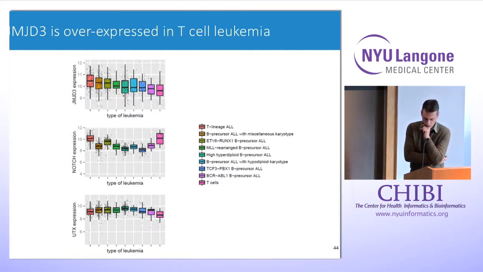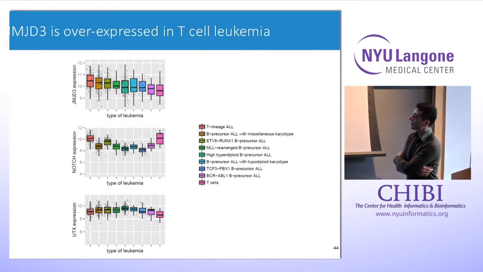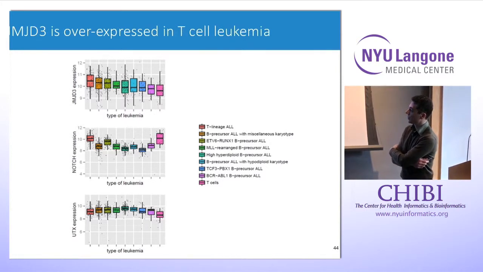And to establish that, we first looked at patient data. There was this nice data set, about 600 patients, just published, microarray data. What you can see here in different colors is different types of leukemia, T-cell leukemia, B-cell leukemia with different rearrangements. And what you see is that JMJD3 in the type of leukemia we're studying is the most highly expressed. Additionally, it follows the pattern of expression of Notch, with some exception here.